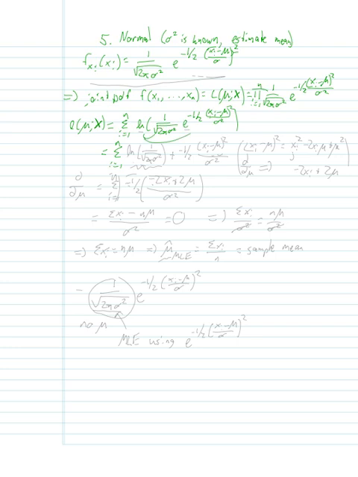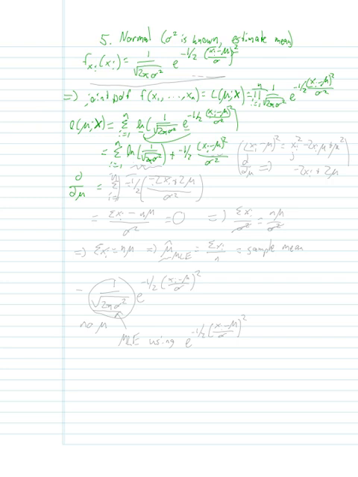Or just distribute in the log. We have ln of 1 over square root 2 pi sigma squared plus, and now the log and the e cancel out, so negative 1/2 xi minus mu squared over sigma squared.